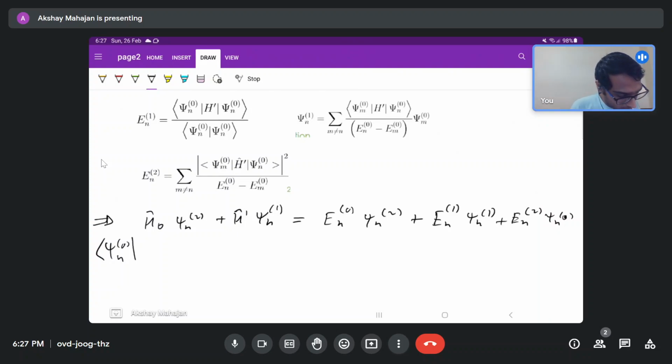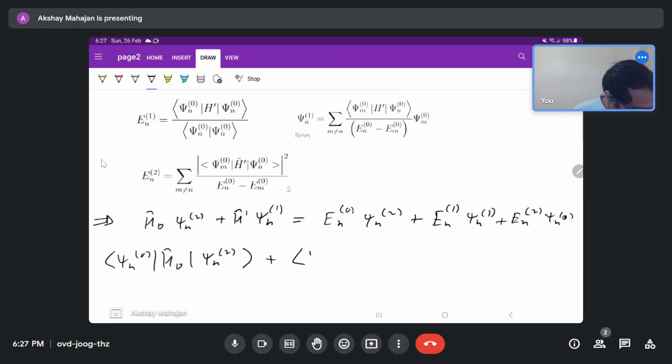This is our lambda square terms, and what we do is we will write it with psi n of 0. So let me write it as psi n of the 0th term, h cap naught, psi n of the second term. Sorry about it, the bracket notation was not there. Okay, we are back. Plus psi n of the 0th term, h cap prime, psi n of the first order term.